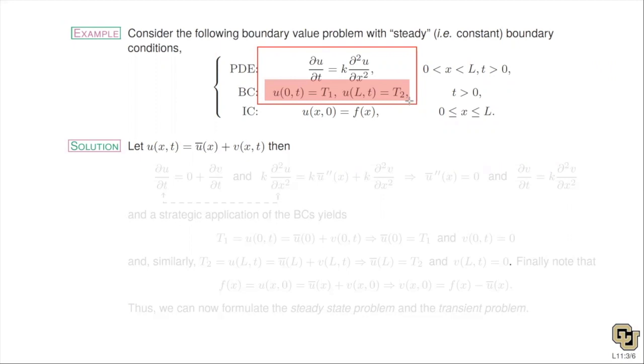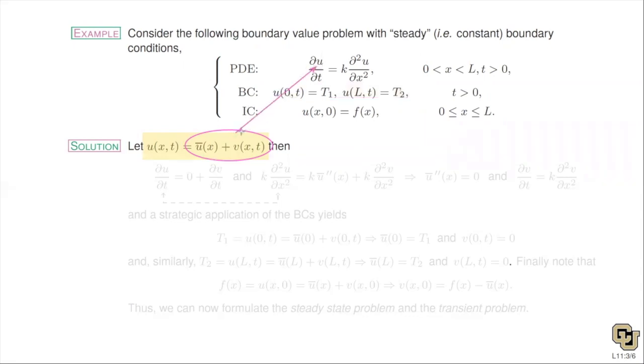That's the beauty of zero. 0 plus 0 equals 0. So in this case, I'm going to make the assumption that u equals u bar plus v. Now we're going to take this assumption and plug it into both sides of the PDE, the left side and the right side, and then equate the like parts.